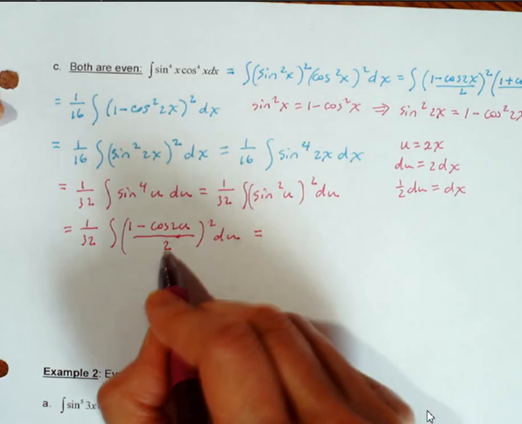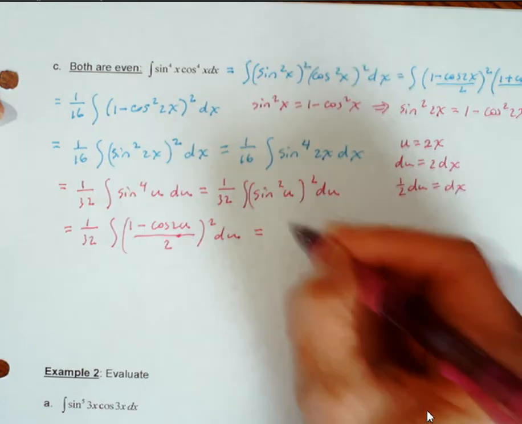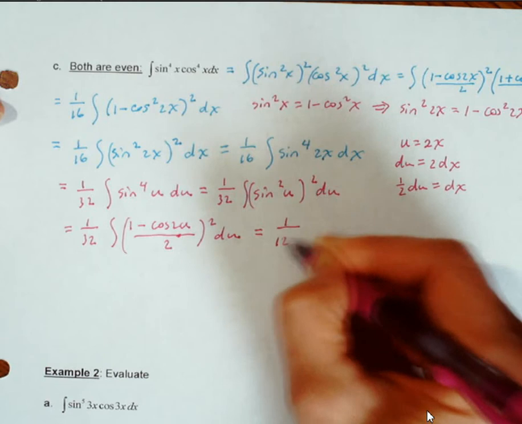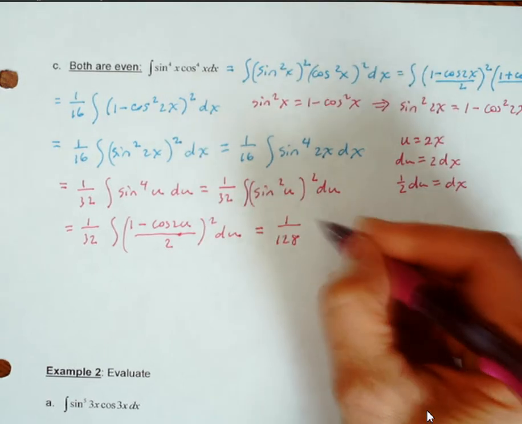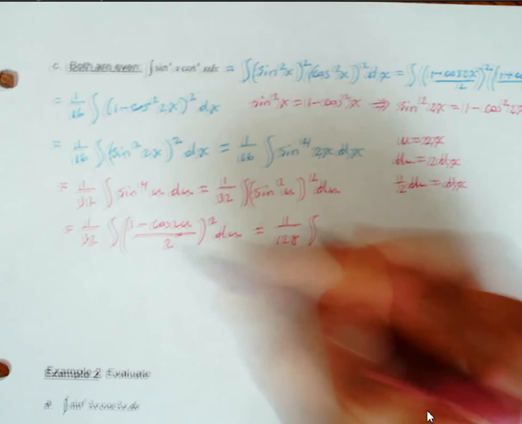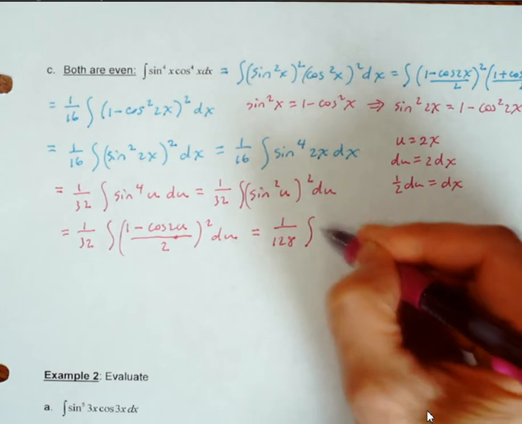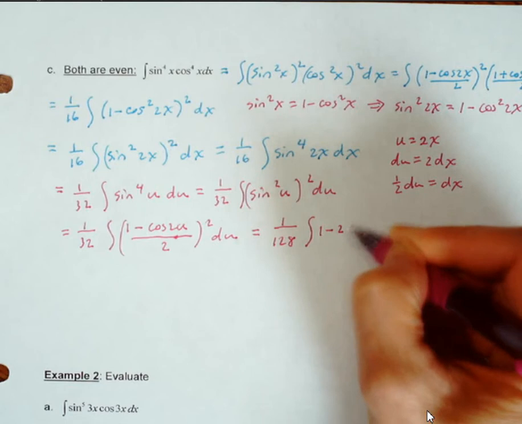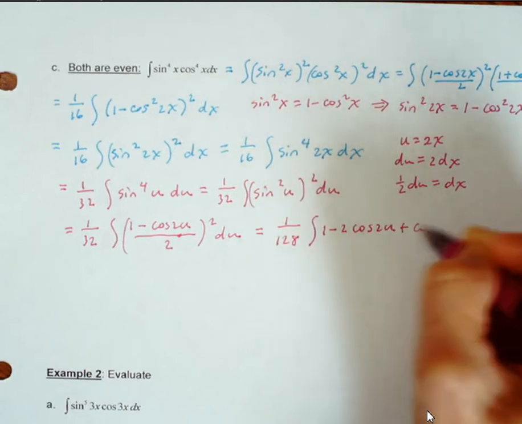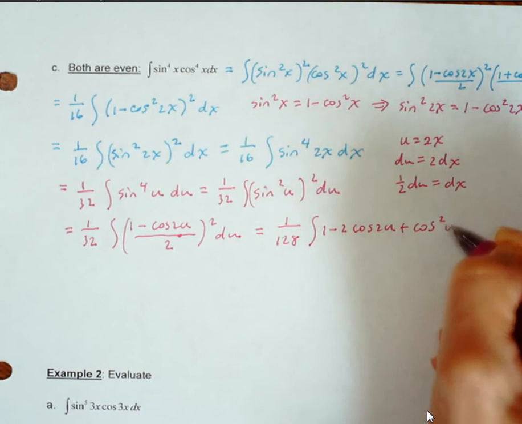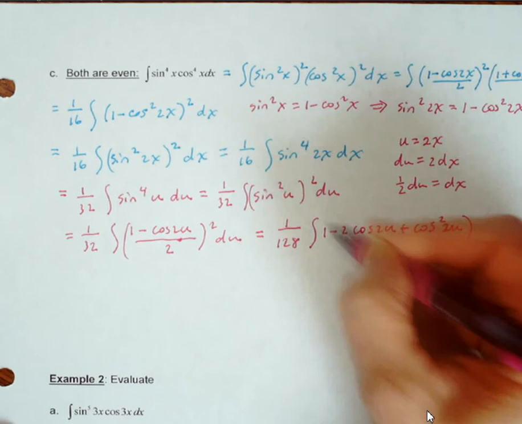Since this gets squared, the factor that comes out is now 1 over 128. Then I'm just going to FOIL out what's inside here. That's going to be 1 minus 2 times the cosine of 2u plus cosine squared of 2u, du.